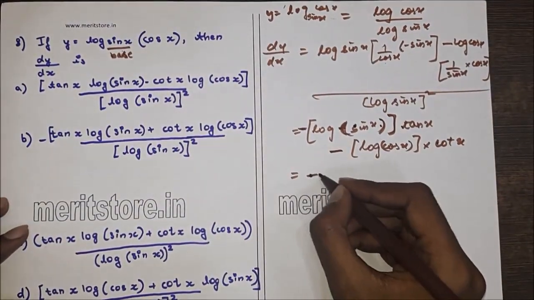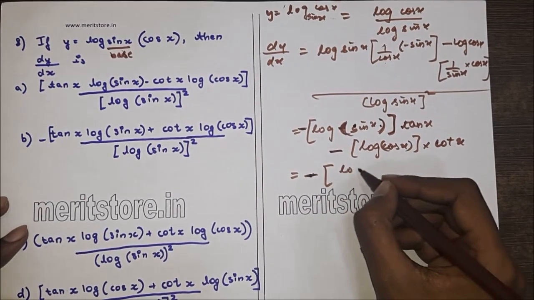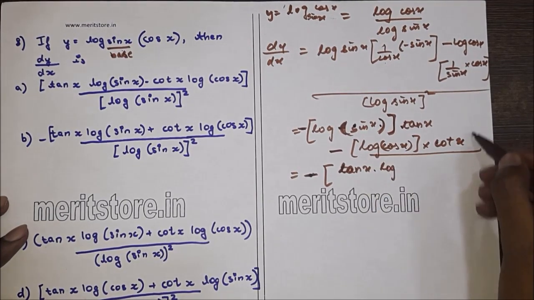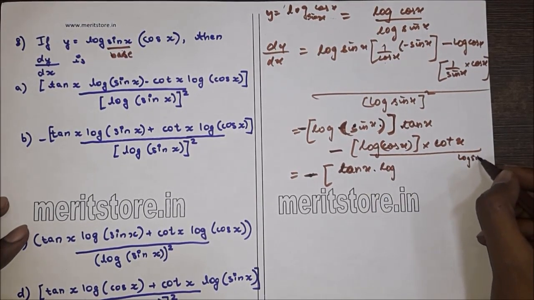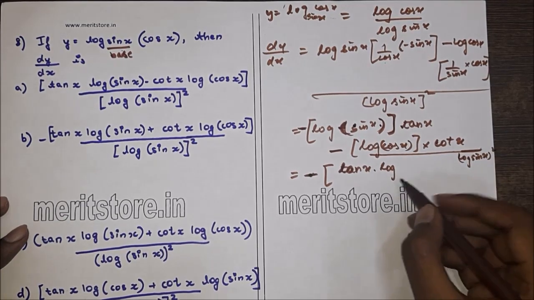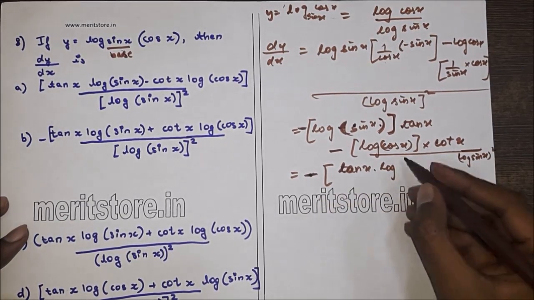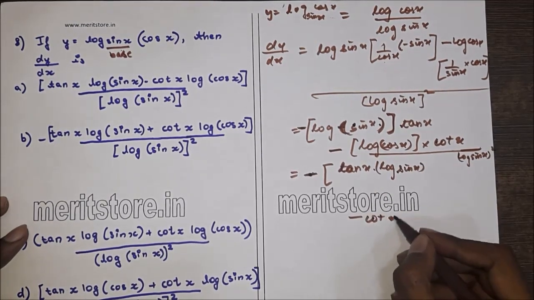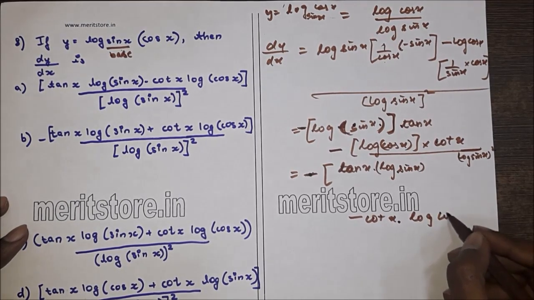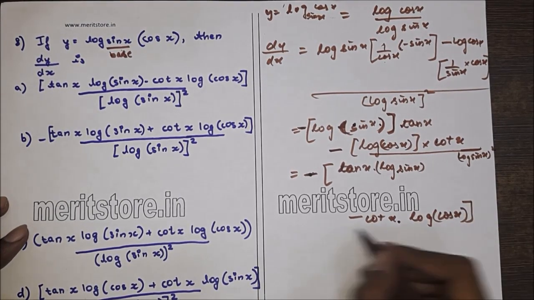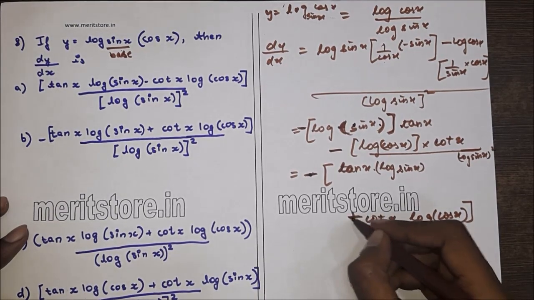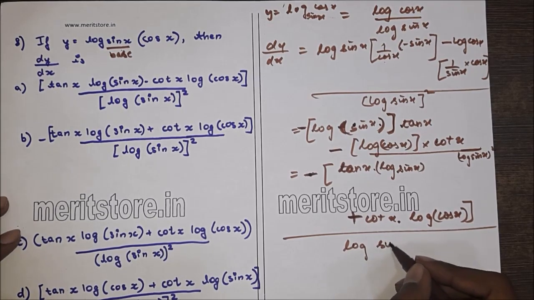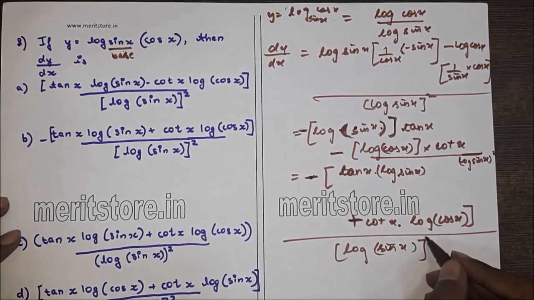Taking minus 1 common, we get the expression divided by log of sin x the whole square. So the final answer is minus tan x times log of sin x minus cot x times log of cos x, divided by log of sin x the whole square, which is option B.